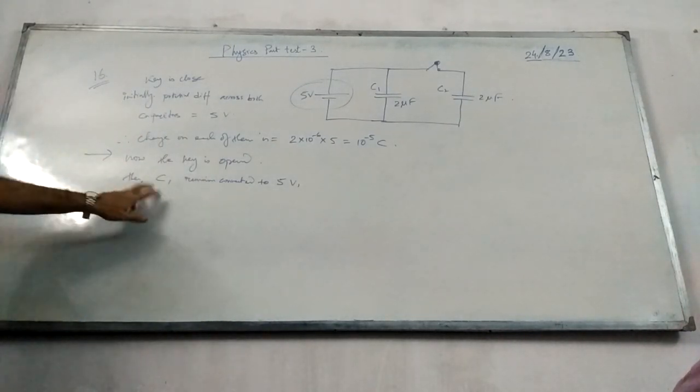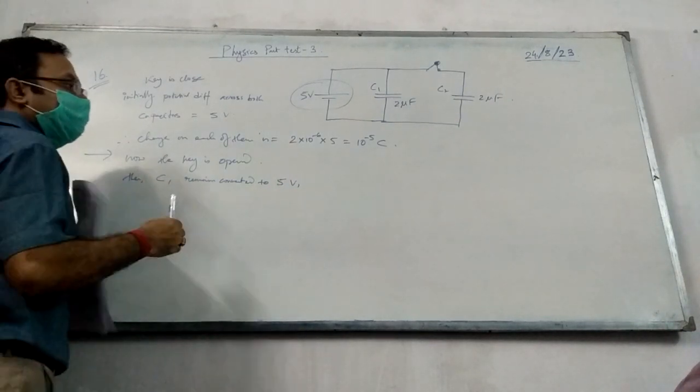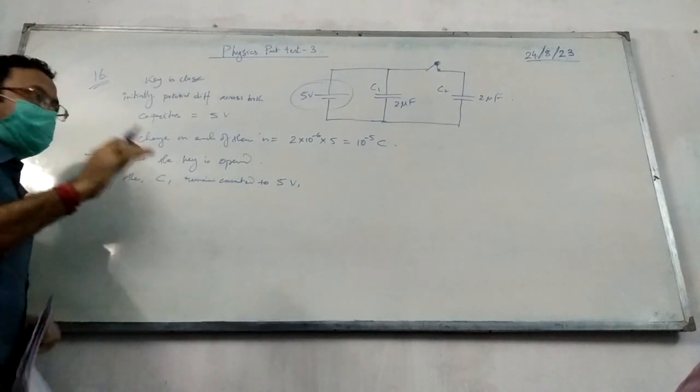So C1 remains connected to the 5 volt battery, which means the potential difference across it will remain the same.